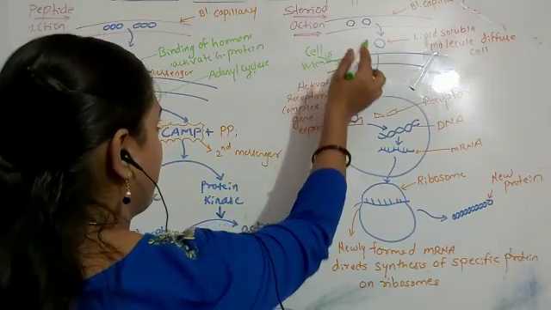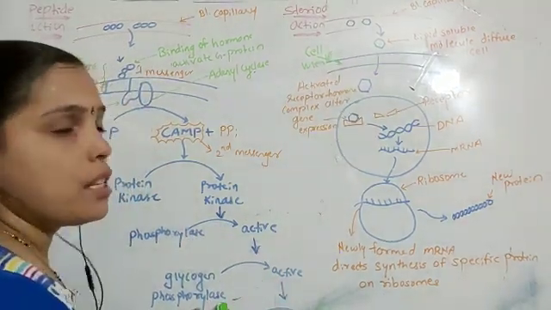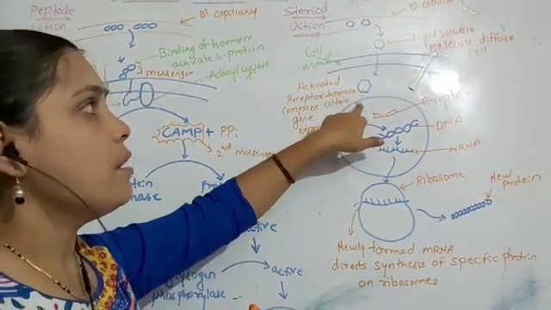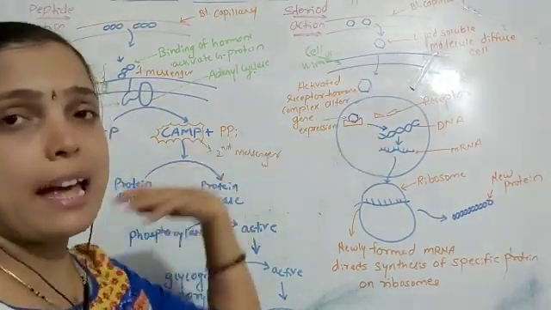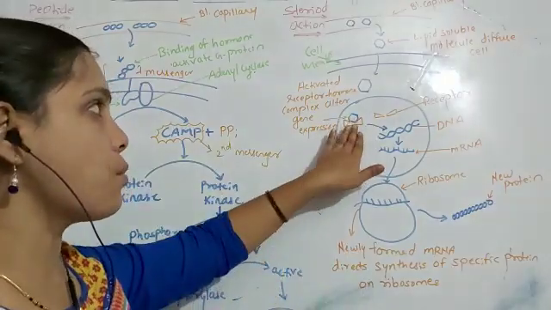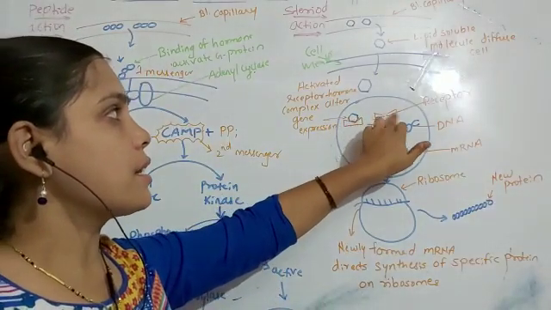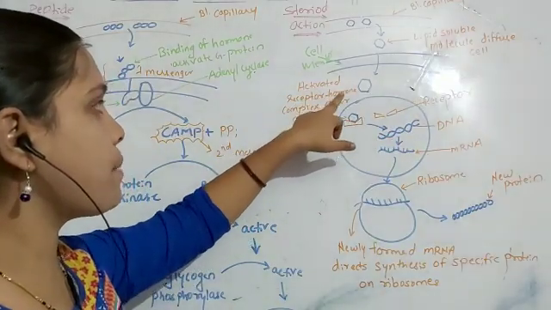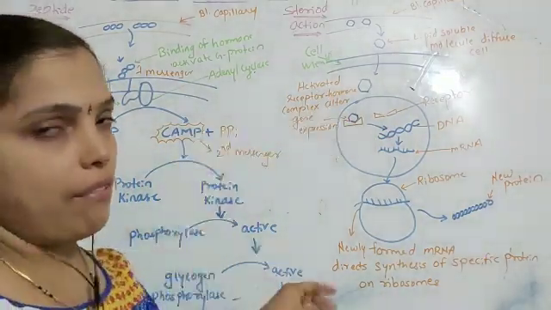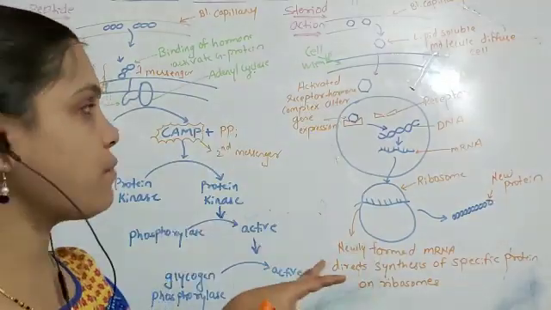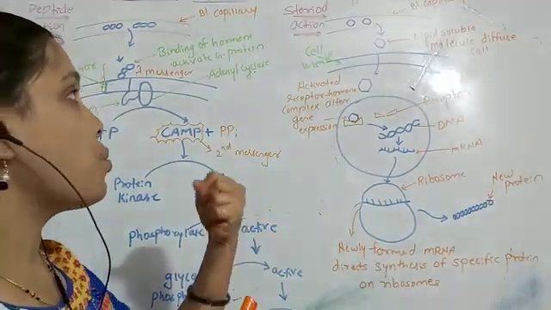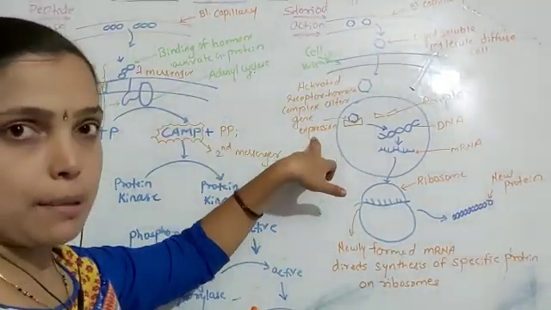Remember, it will pass into the cytoplasm, and then it will pass the nuclear membrane, as the receptor is present inside the nucleus here. So it binds to the receptor and forms the activated hormone receptor complex here, which will alter the gene expression.